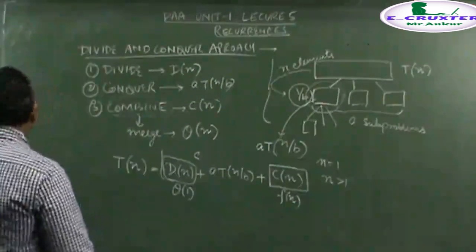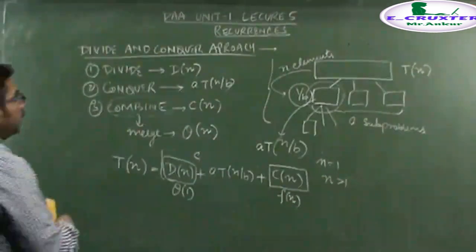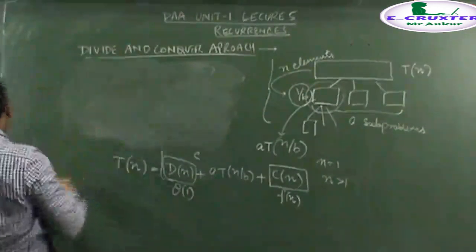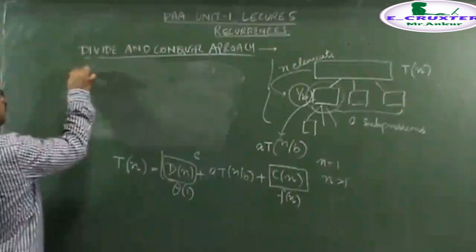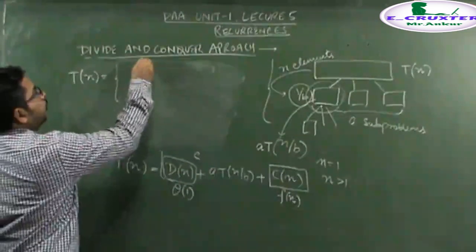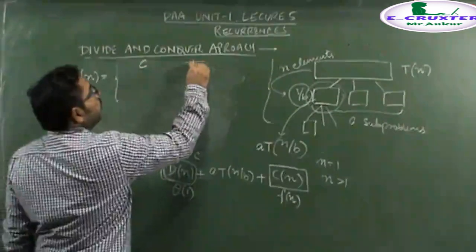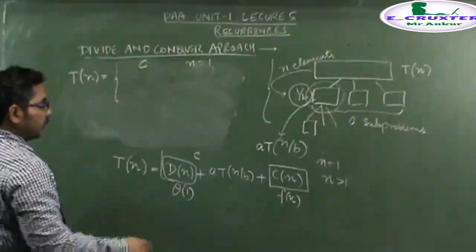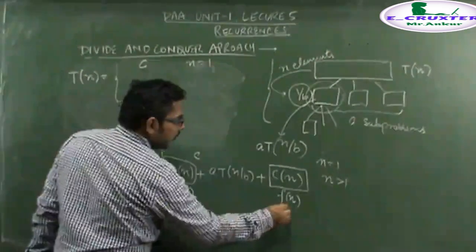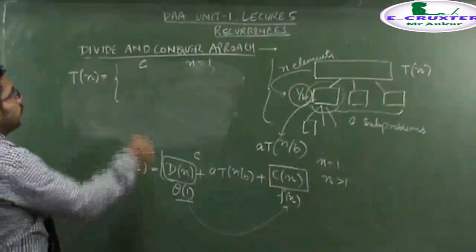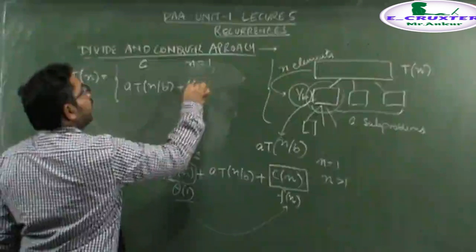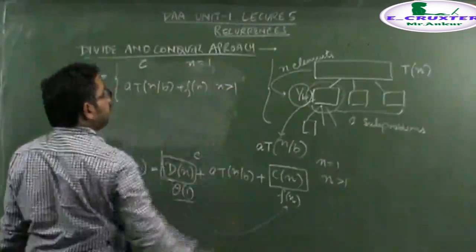Then the total running time T(n) is equal to a constant time when the number of inputs is 1, and otherwise, adding this constant time to the function keeps it the same, so it will be aT(n/b) plus f(n) if the input is greater than 1.